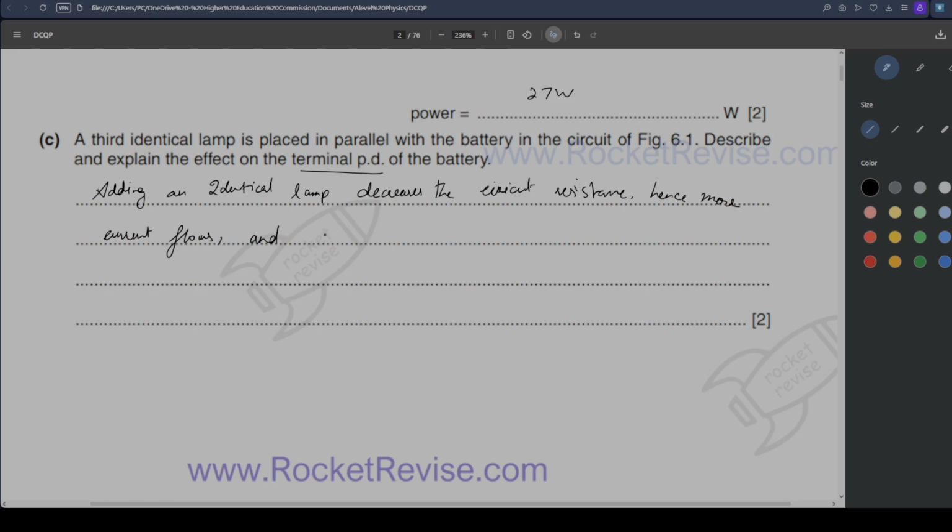And the internal resistance uses up more of the EMF voltage, decreasing the terminal voltage.